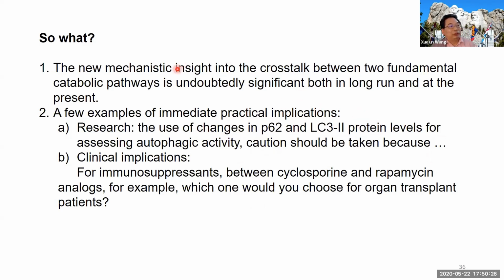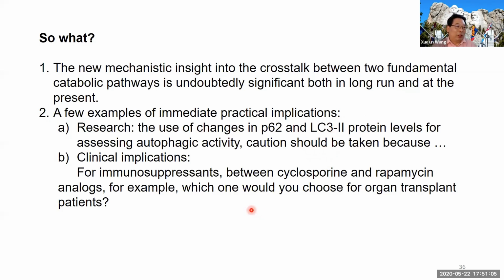But as we showed here, you can have a situation, which probably happens pretty often in the cell, of simultaneous increase of P62 and LC3-II proteins in circumstances where autophagy is actually activated. It's not impaired. So caution has to be taken; in my mind it's very risky to use that as an indicator of impaired autophagic flux, and you have to do a flux assay.